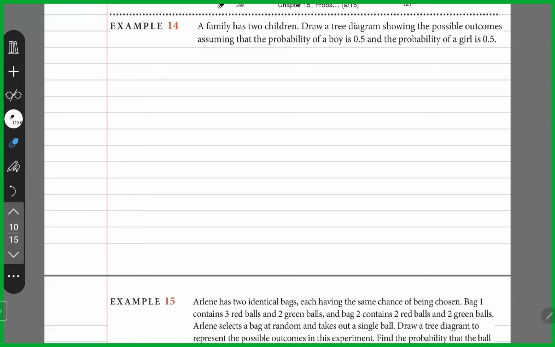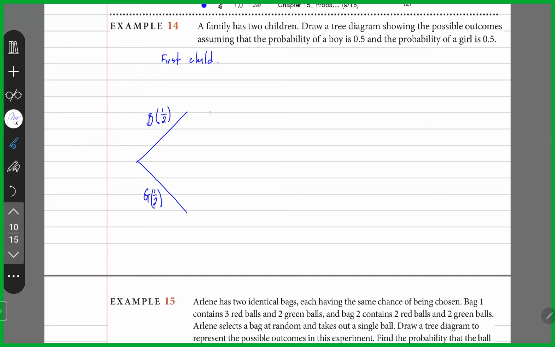All right, so let's talk about the first child. For the first child, you could have either a boy, and the probability of a boy is a half, or you could have a girl, and the probability of a girl is a half.